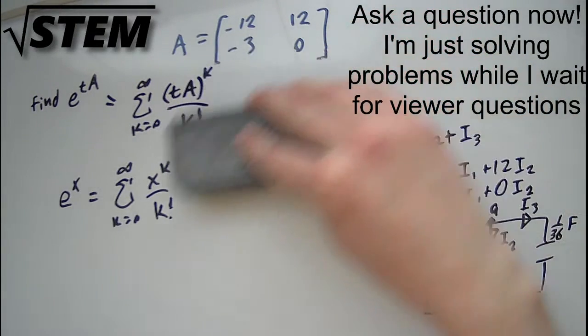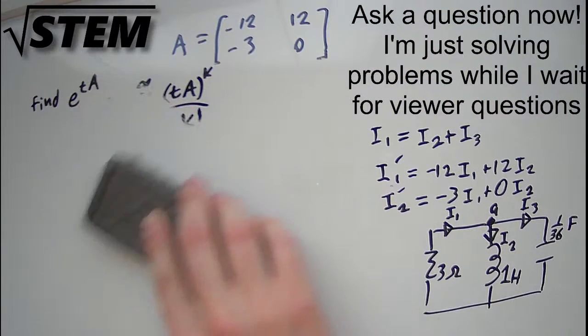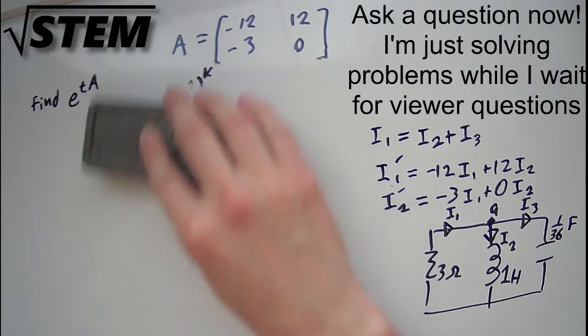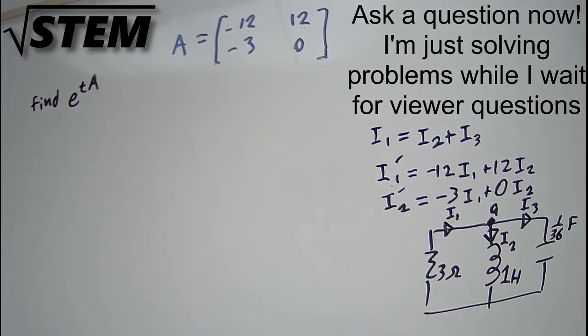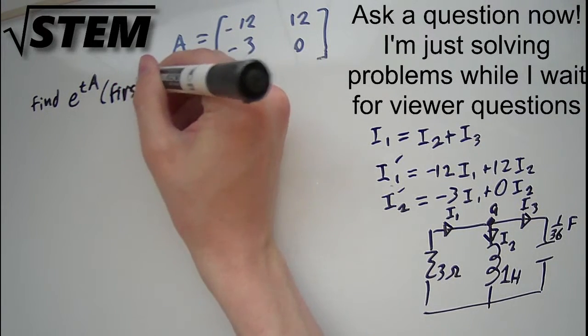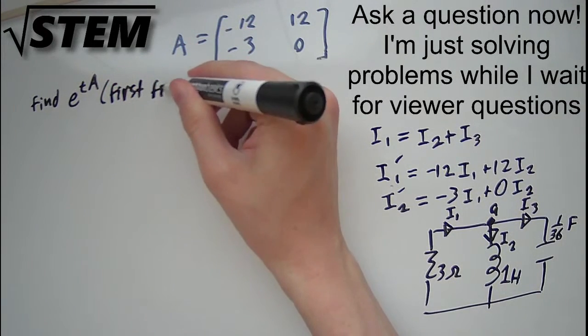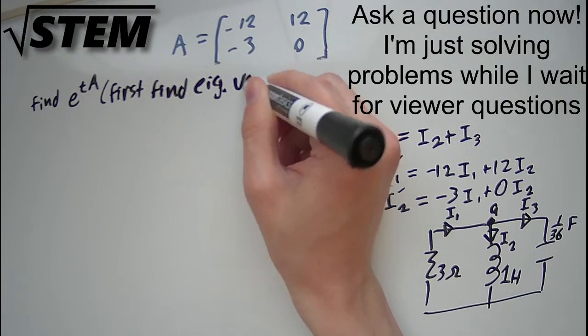So we're probably going to have to find its eigenvalues, and then based on that there are a few formulas we can use to compute e to the tA. So first, find eigenvalues.